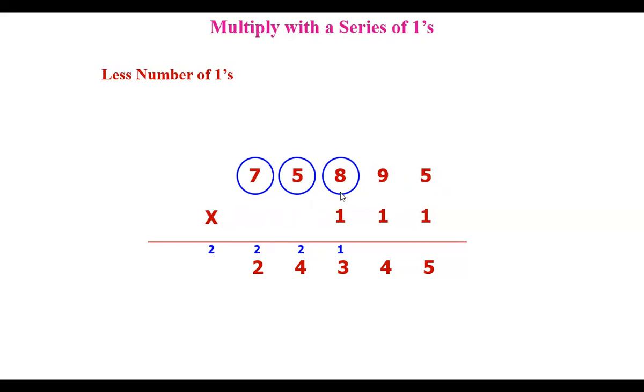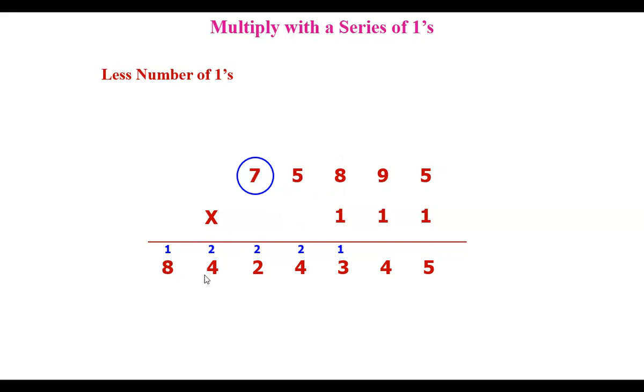Now the 3 numbers choice is over. We cannot have 3 numbers further. So what to do? Reduce this and take only 2. 7 plus 5, 12. Now 12 plus 2, 14. So 4 here, 1 here. Next, 2 numbers are over. Next 1 number. Remove 5, 7. 7 plus 1, 8.